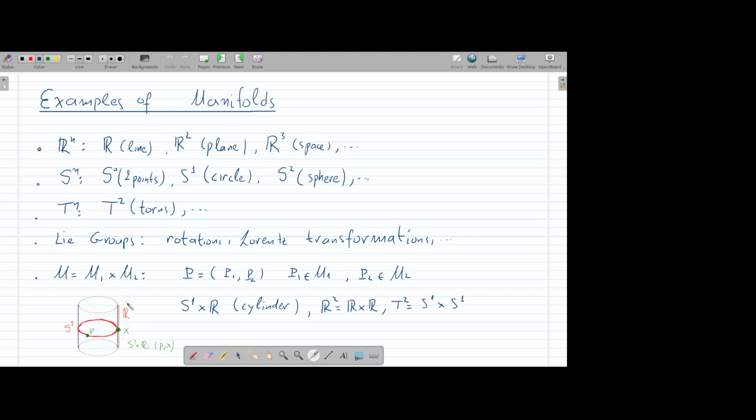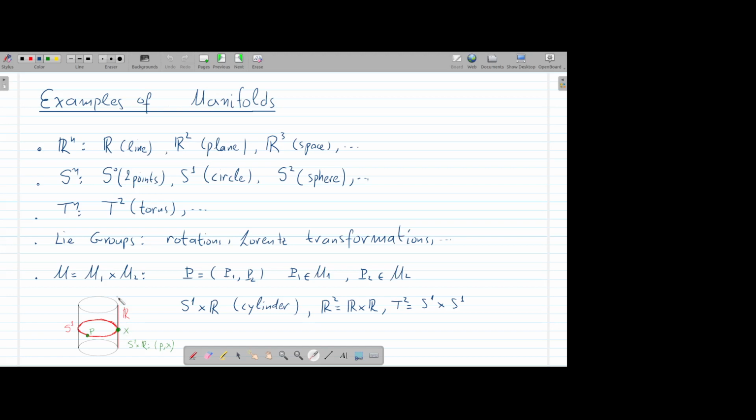A very simple example is the cylinder. The cylinder is the manifold that is equivalent to the product of the circle with the straight line. You can see that by taking the straight line here and considering a circle depicted here as defining a plane which is perpendicular to the straight line.